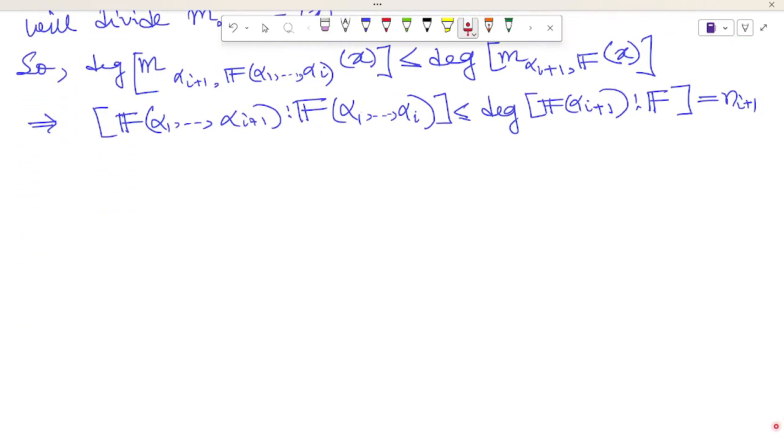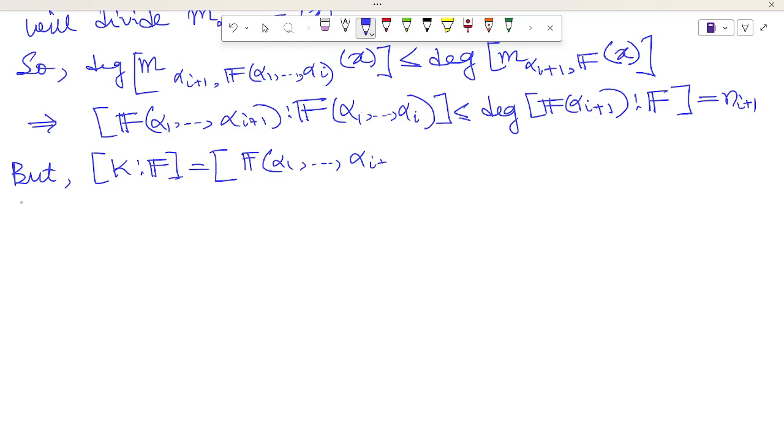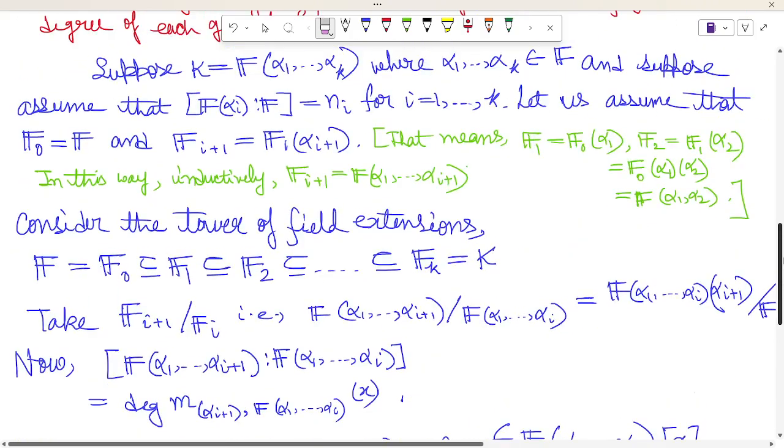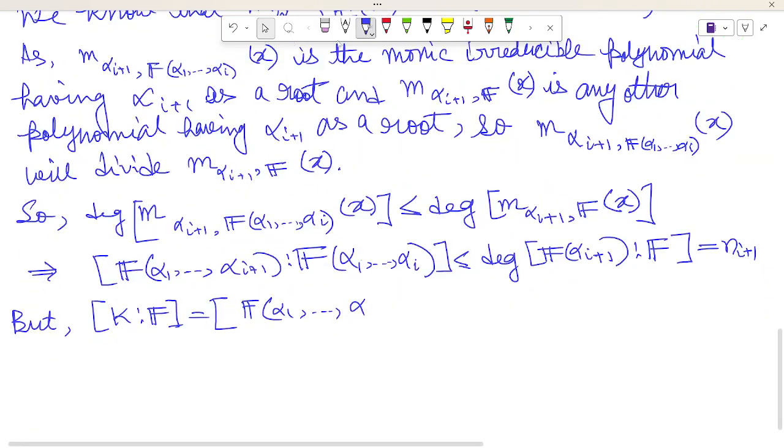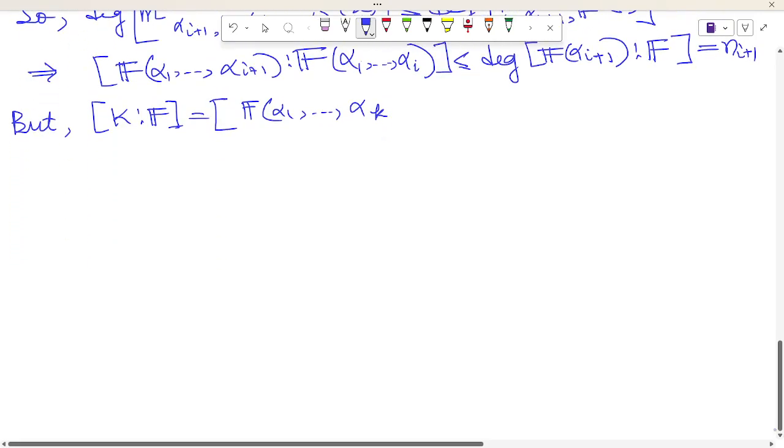I am explaining another thing. What is this? K colon F. This is nothing but F adjoin alpha 1 to alpha k. We attached k elements, right?